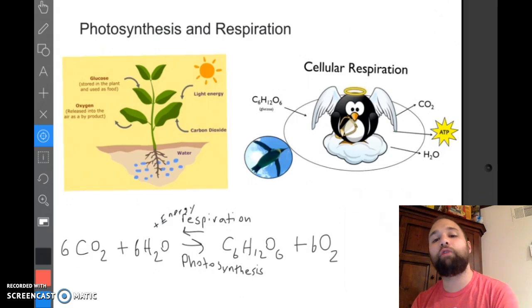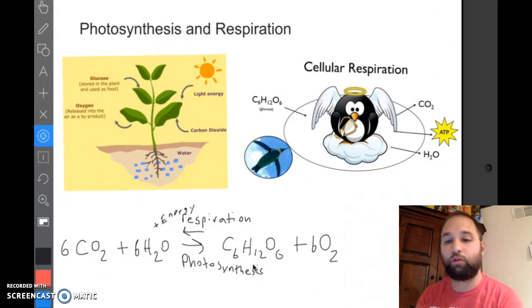Now, photosynthesis creates a few different things. What we're going to be mostly looking at is photosynthesis creating glucose. In the equation there, I'd like you to add some sixes in front of some of these things. So 6 CO2, put a 6 in front. 6 H2O, put a 6 in front, and 6 O2.